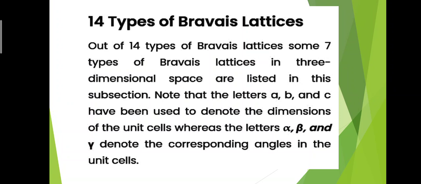subsection. Note that the letters A, B and C have been used to denote the dimensions of the unit cells, whereas the letters alpha, beta and gamma denote the corresponding angles in the unit cells.